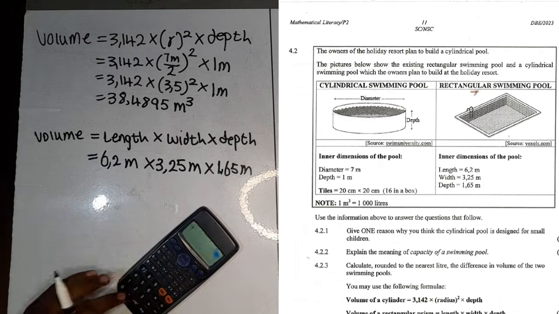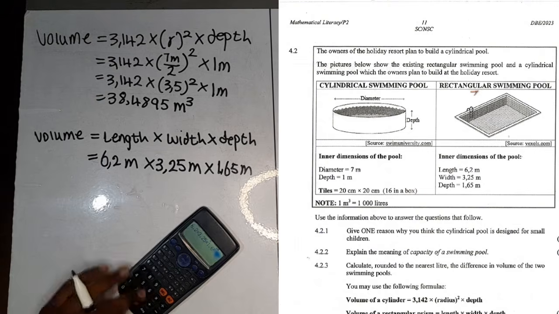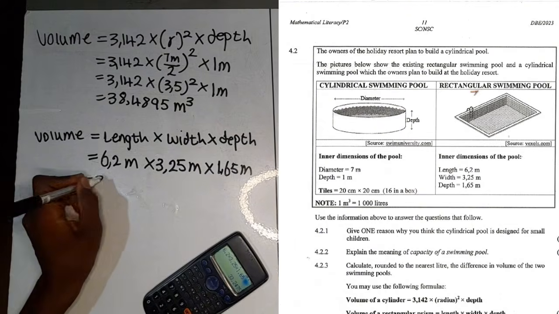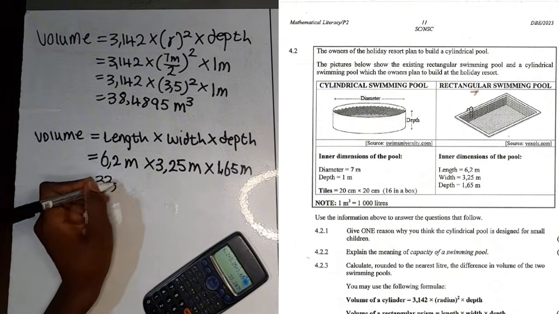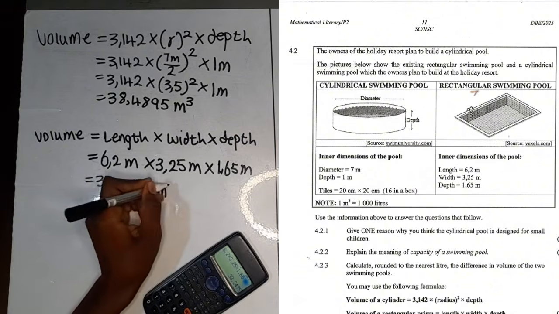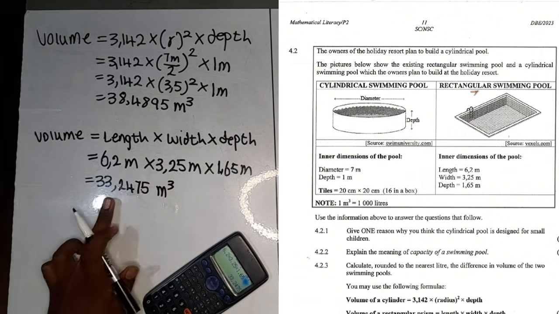So we're going to say 6.2 multiplied by 3.25 multiplied by 1.65. That gives us a total of 33.2475 cubic meters. So this is the volume of the rectangular pool.